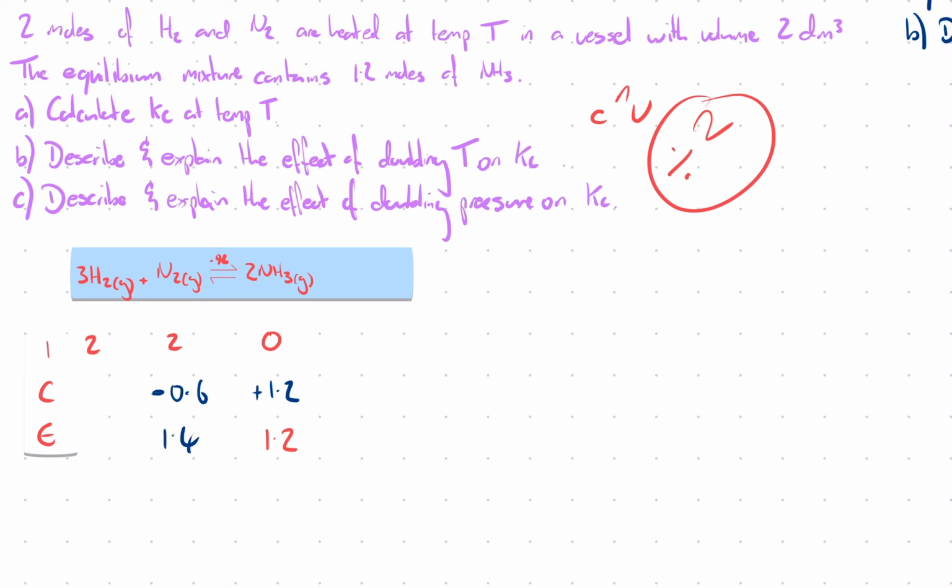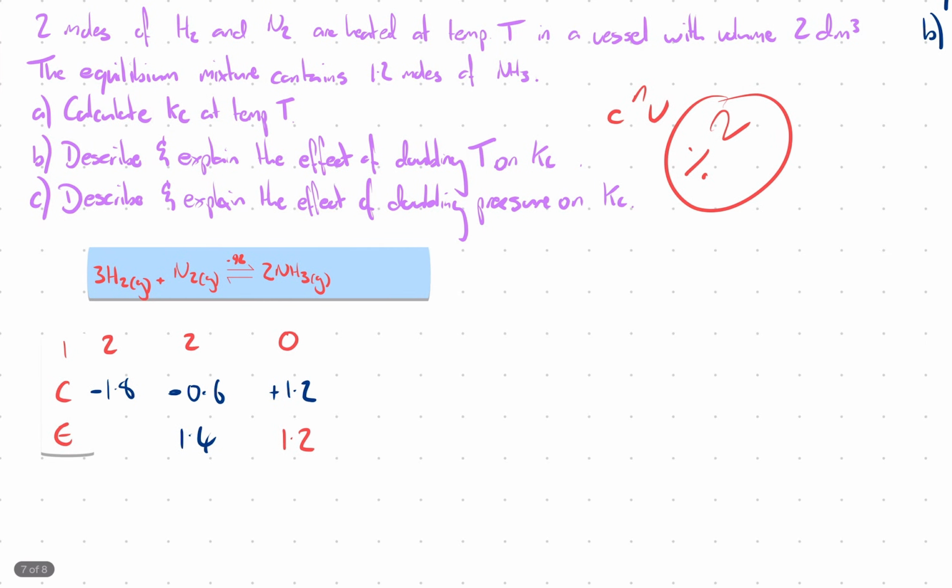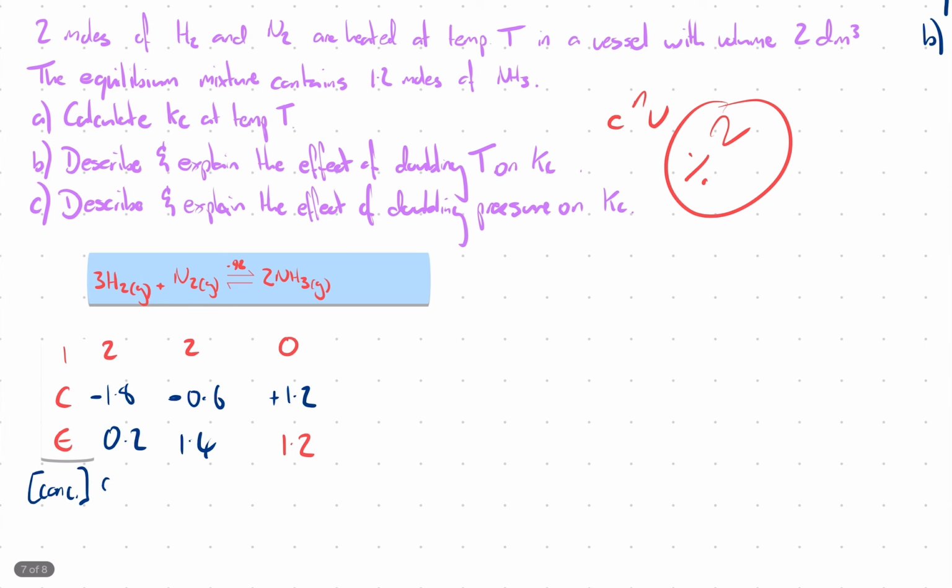For H2, I need to minus 3 lots of the minus 0.6, so minus 1.8, and there I get to 0.2. Now remember, I need to work out my concentration before I finish. So I need to divide everything by 2 here. So I get to 0.1, 0.7 and 0.6.